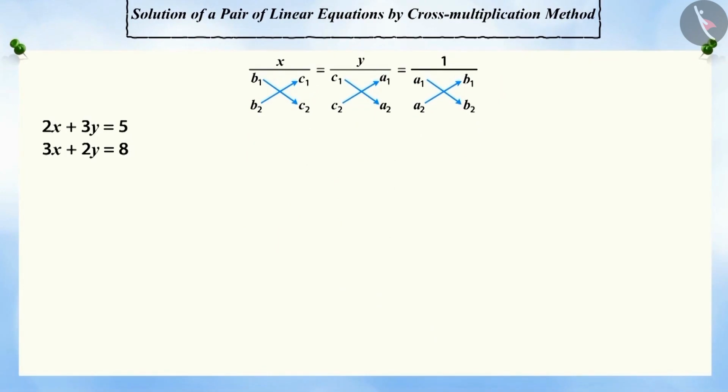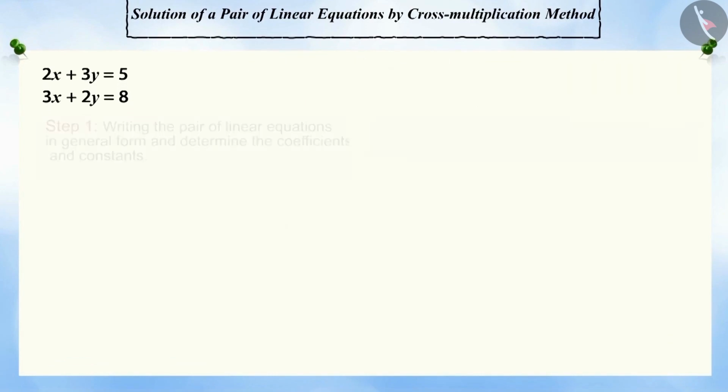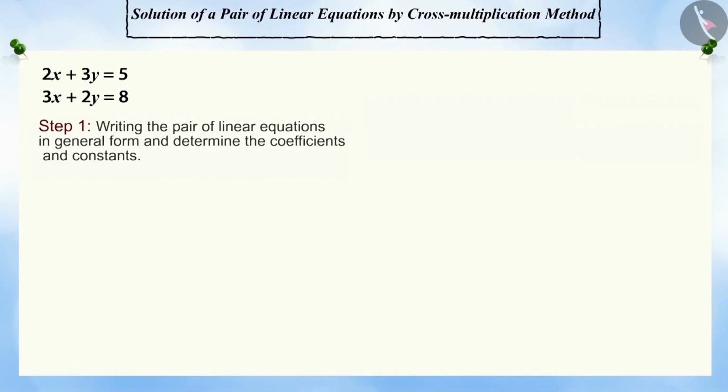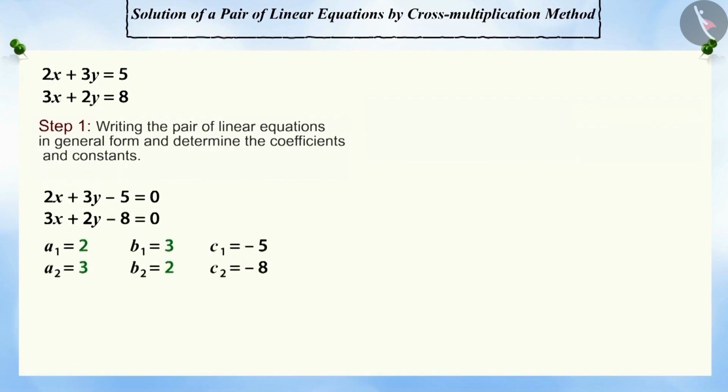Solving a pair of linear equations by cross multiplication method takes 4 steps. In step 1, we write the equations in general form and determine the values of coefficients and constants.